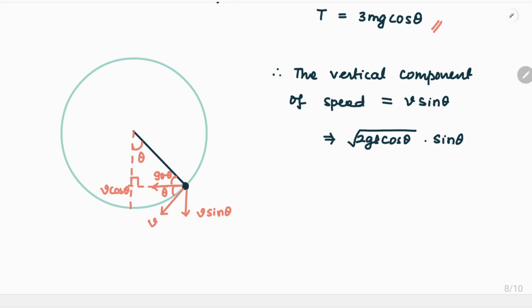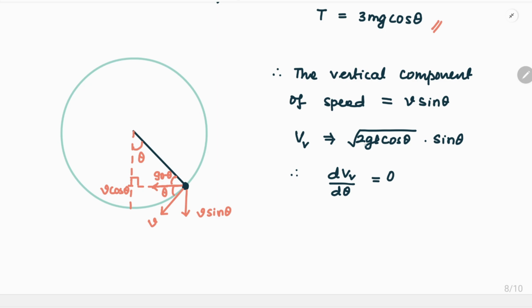Now the problem is asking us the thread tension at the moment when the vertical component is maximum. So we have this vertical velocity, which we write as vv, and we want to maximize this. Therefore, to maximize it, we equate d vv with respect to d theta to 0.